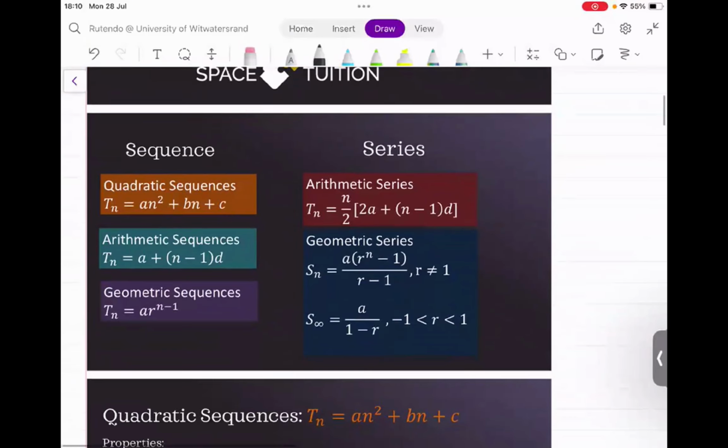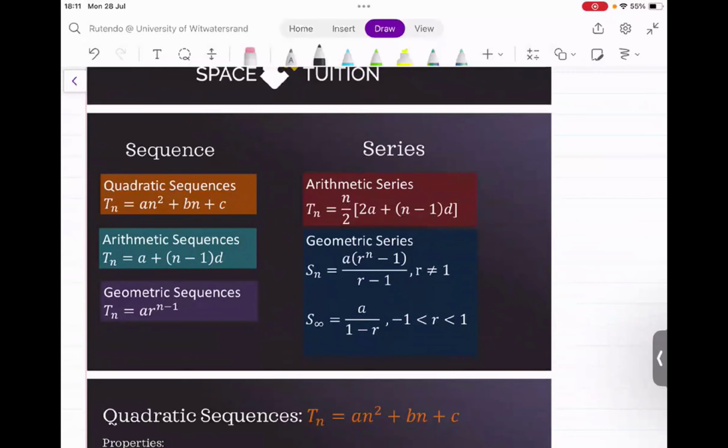Okay, so here are the most basic equations that you need to know. For sequences, you have quadratic sequences, and we'll go through some examples. Usually if I'm not adding the same number each time, then sometimes I'm multiplying or dividing by a certain number each time.